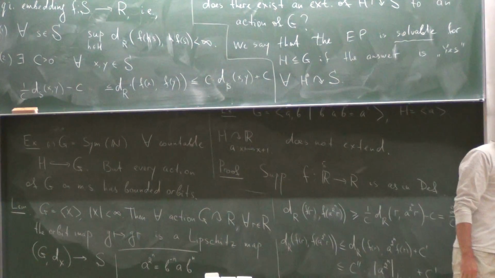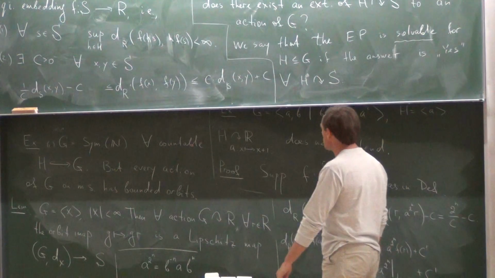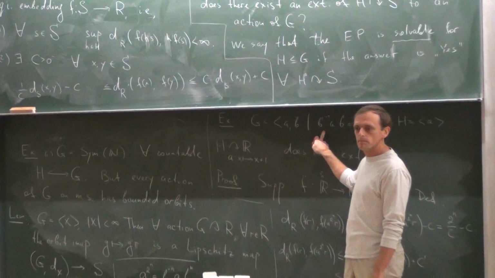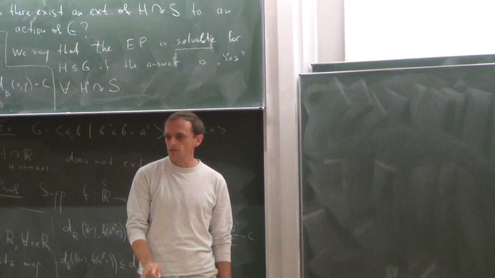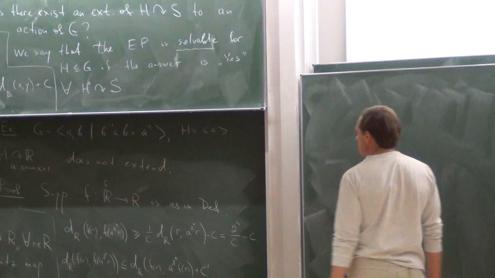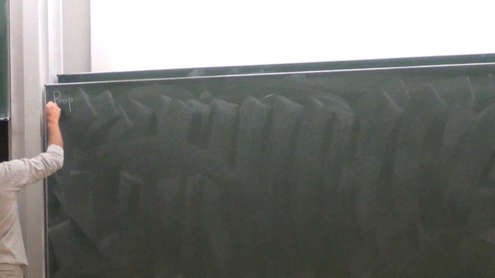If you think about this example a little bit, you will realize that the obstacle here is actually that H is distorted here, right? So the necessary condition for the extension to exist, at least in the case of finitely generated groups, is that H is undistorted, and you can actually prove the following proposition.